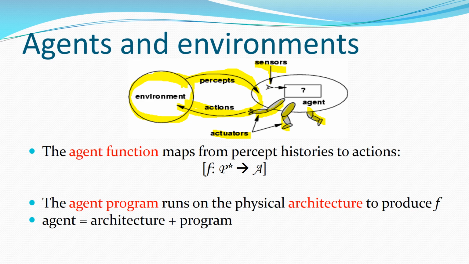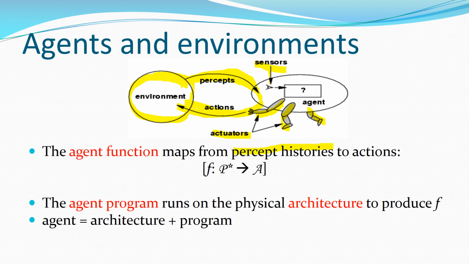Now, as we have seen, there is a percept history. A percept history is nothing but a percept sequence, and the agent's choice of action at any given instant can depend on the entire percept sequence observed till now. That is the percept history.